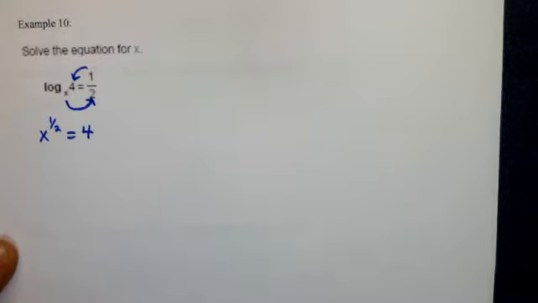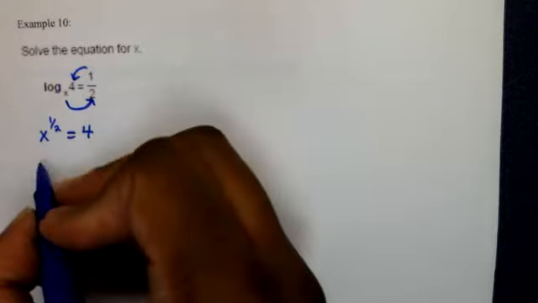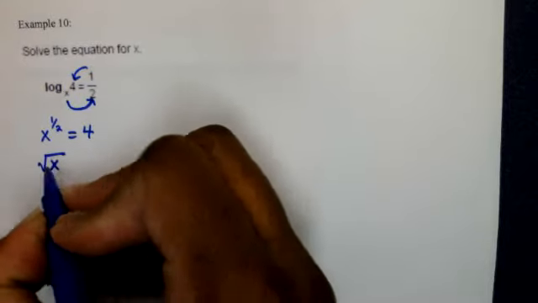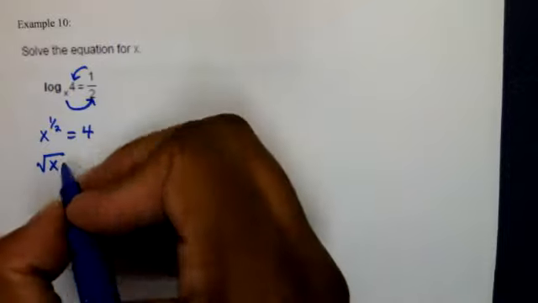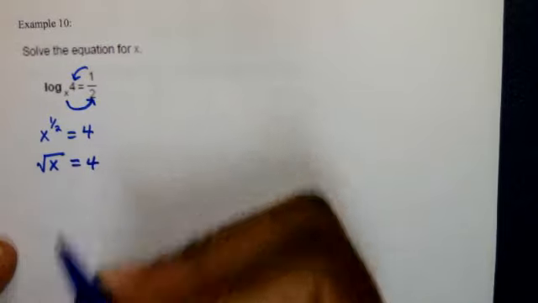Now, another way of writing x to the 1/2 would be the square root of x. Square root of x is the same as x to the 1/2. So x to the 1/2 means the square root of x equals 4.